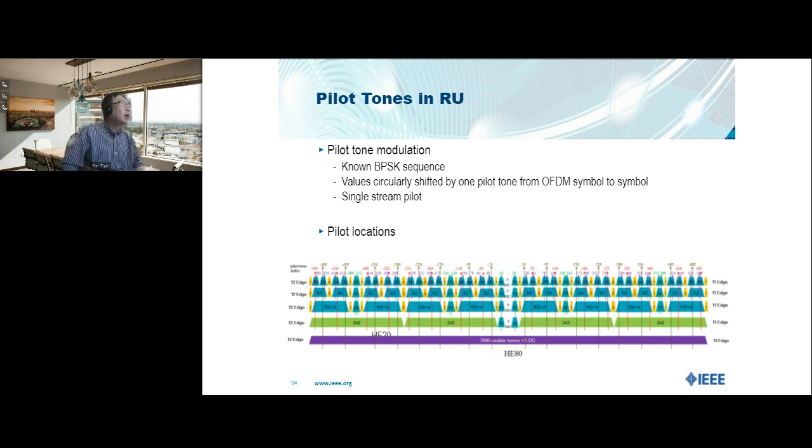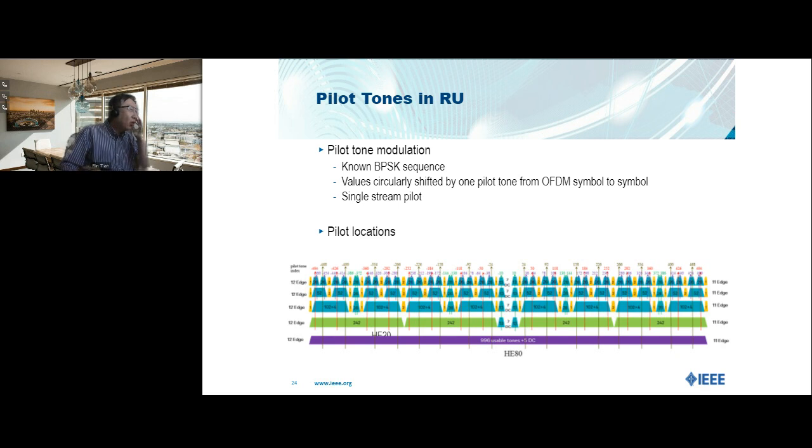So where the pilot is located, below in the slide there is a plot. It shows all the relative positions of the pilots. You can see the pilot location is relatively consistent across the different RU sizes. Of course, for example, for RU26 you have two pilots in every RU26.